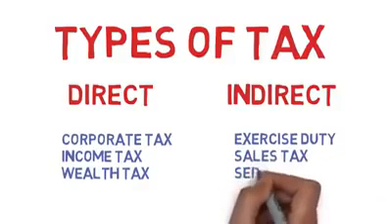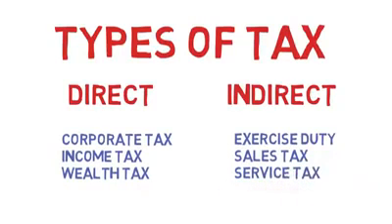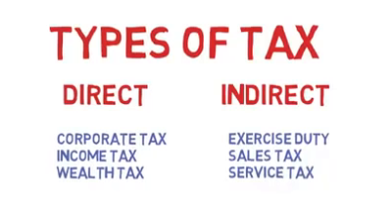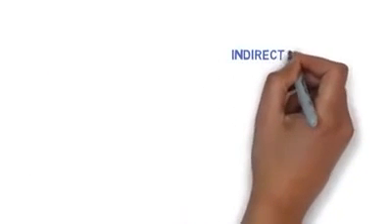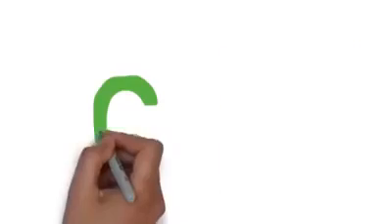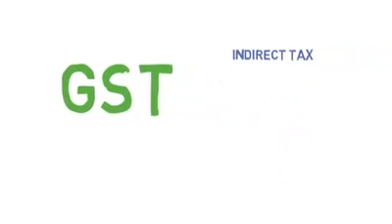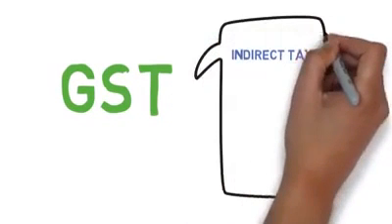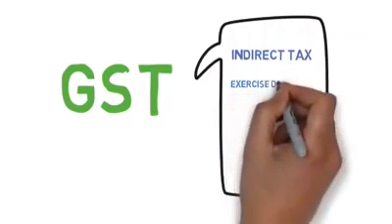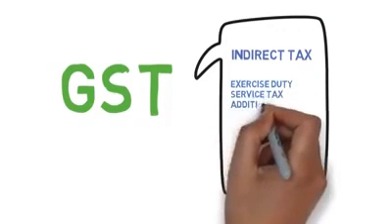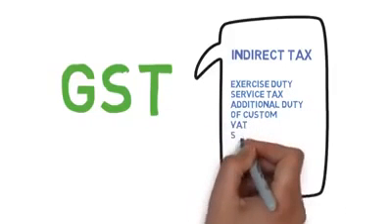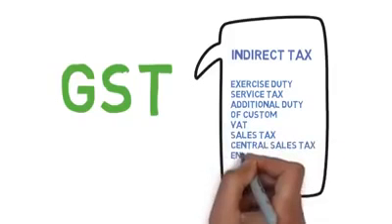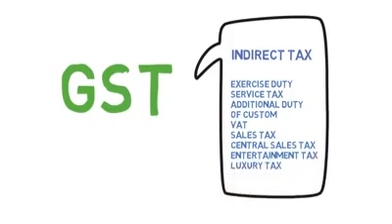It is central excise tax, sales tax, services tax, etc. Here, the point of interest is indirect taxes, because GST will replace all indirect taxes, which includes excise duty, service tax, additional duty of customs, VAT, sales tax, central sales tax, entertainment tax, luxury tax, etc.